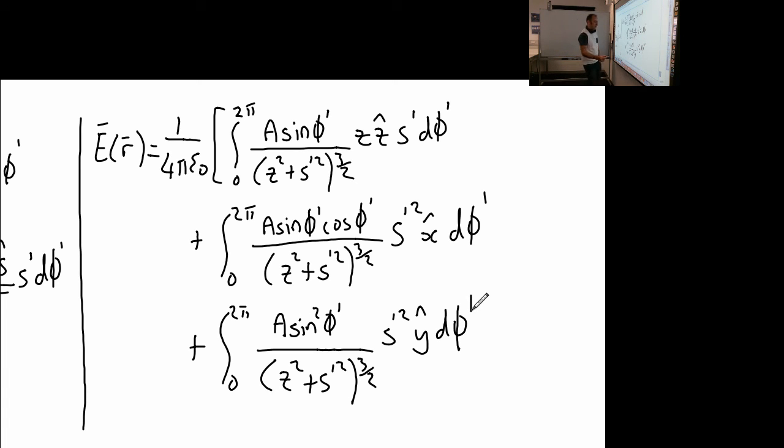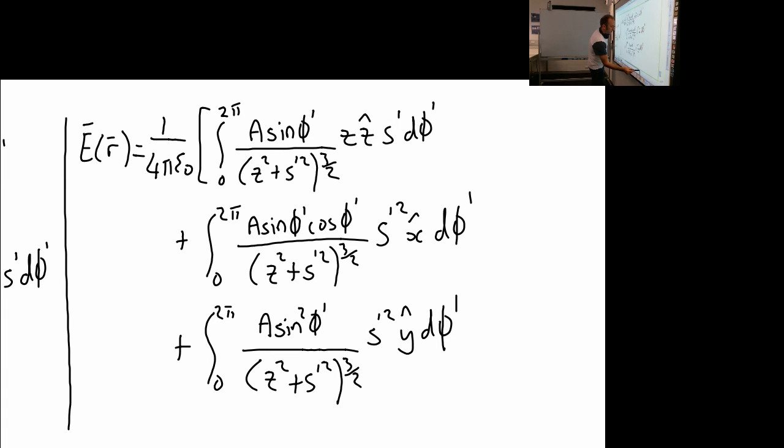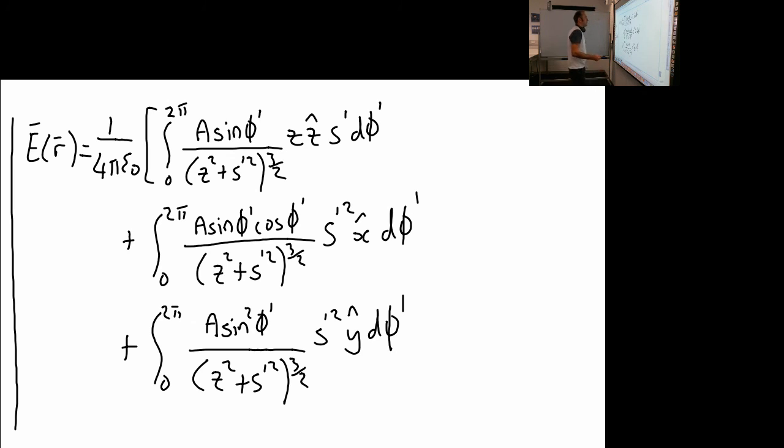Okay, and now we just have to work out each of these integrals, and we will get our final answer. When we do the integral of sine phi prime, it's going to be equal to 0. Likewise, the integral in the x hat direction is also going to be equal to 0.